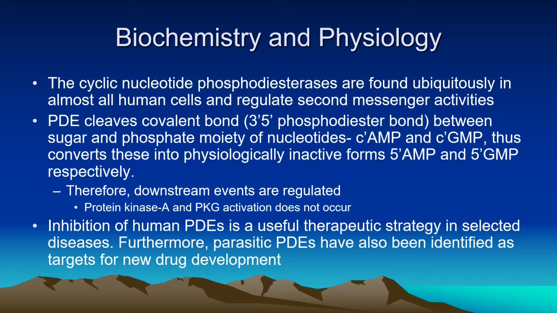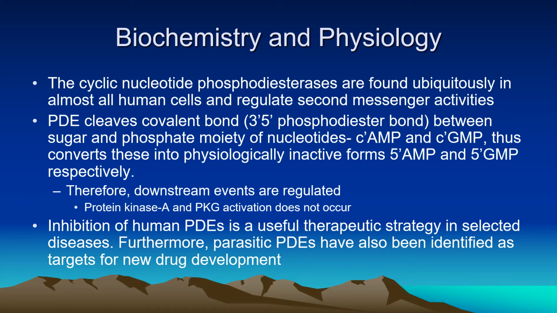And the enzyme is a hydrolytic enzyme, therefore it cleaves the covalent bond, that is a 3-5 phosphodiester bond between sugar and phosphate moiety of the nucleotides. These two nucleotides are cyclic AMP and cyclic GMP. They are converted into non-cyclic compounds 5-AMP and 5-GMP, and therefore they become physiologically inactive.